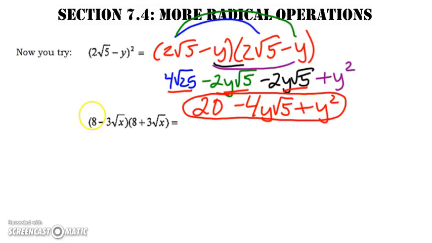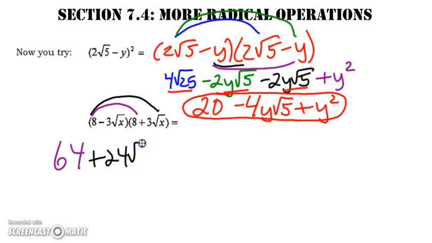For the next example, again, FOIL, start again, 8 and 8, you'll get 64. Multiply those two, you are going to get 24 root x. Then on the inside, we're going to get negative 24 square root x.